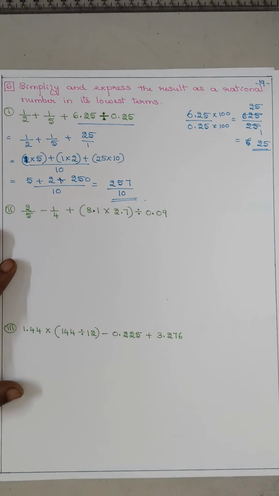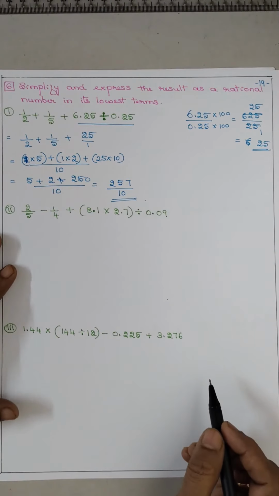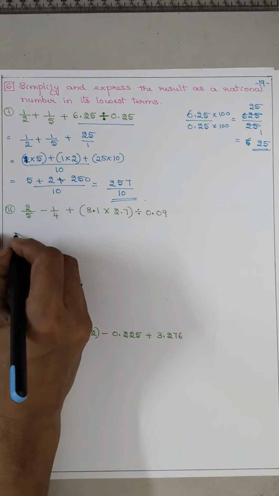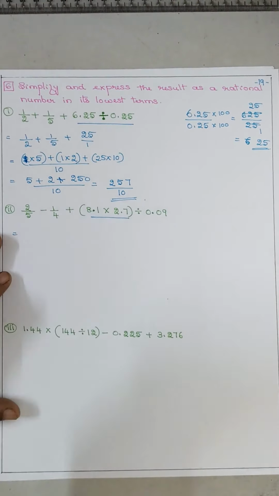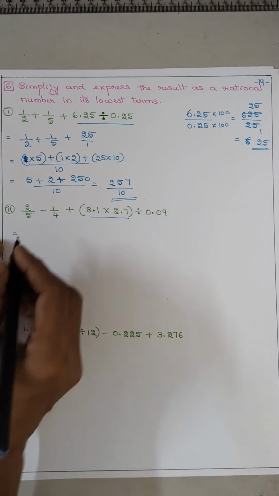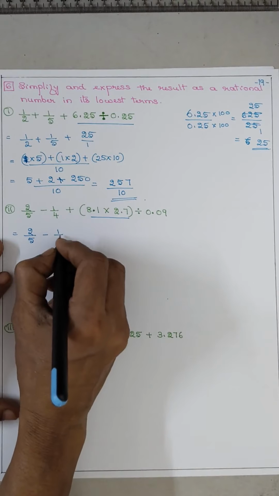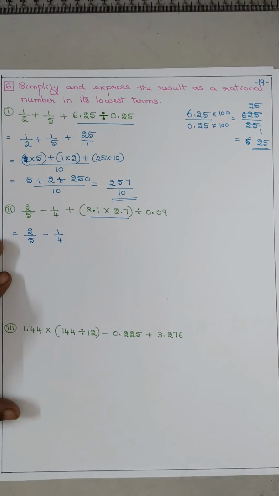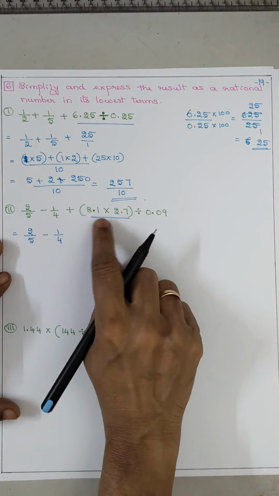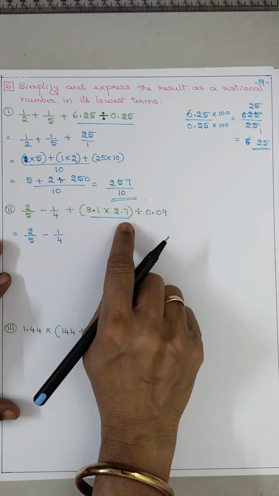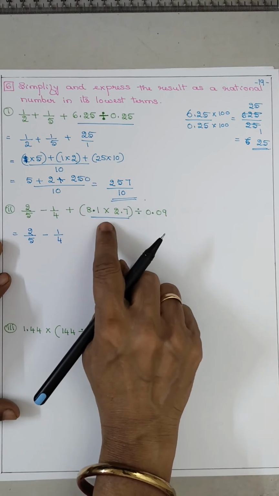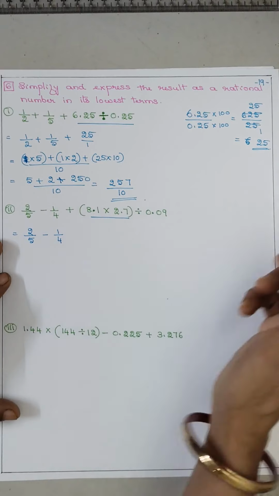Now coming to the next, first multiplication, isn't it? So 2 by 5 minus 1 by 4. See, why we have to do multiplication? Because bracket, BODMAS rule, bracket first then division.